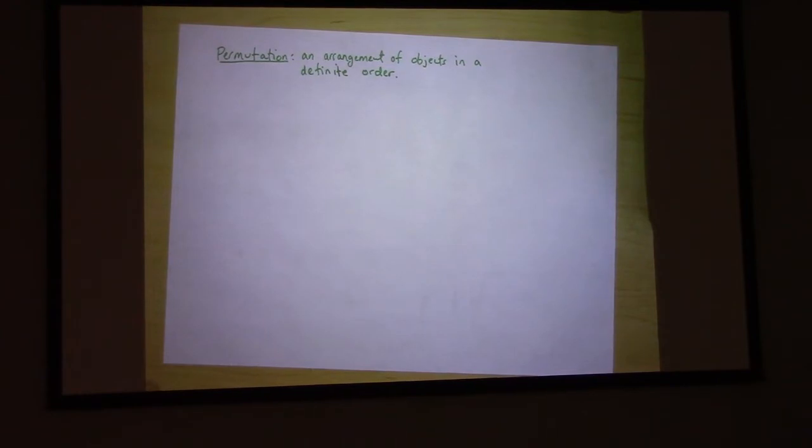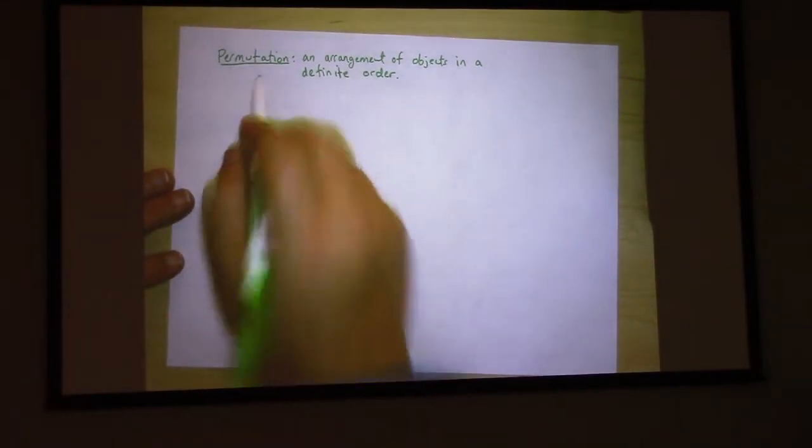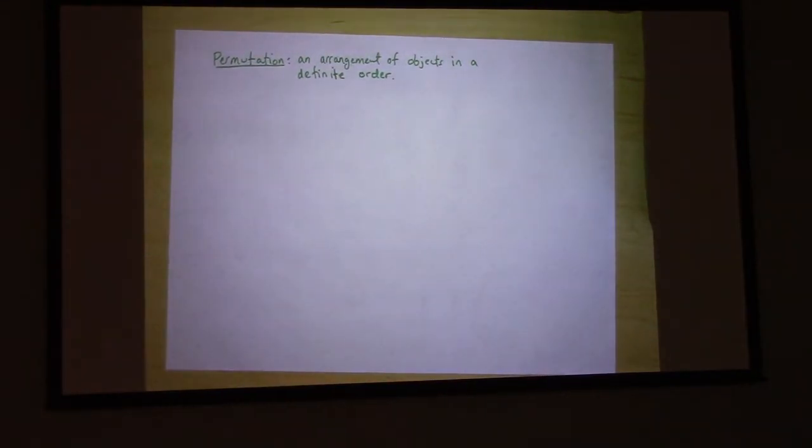So here's the notation. Our permutation formula is as follows.